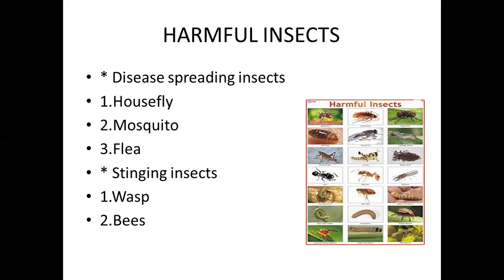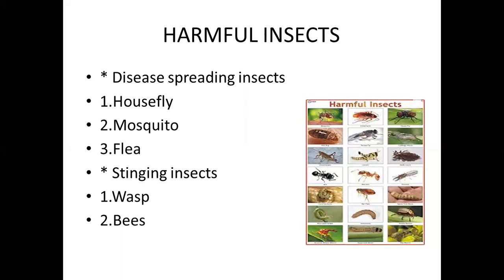In that, the first one is the housefly. See, in this picture we can observe the houseflies. Normally in our daily life also, in our surroundings, we can observe the housefly. There are some insects which are responsible for spreading diseases, and one of them is the housefly.